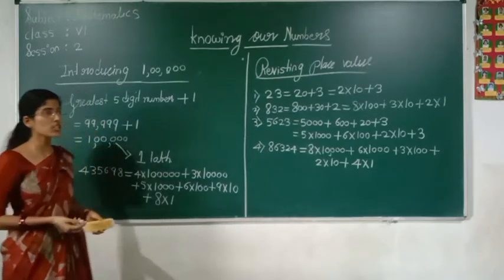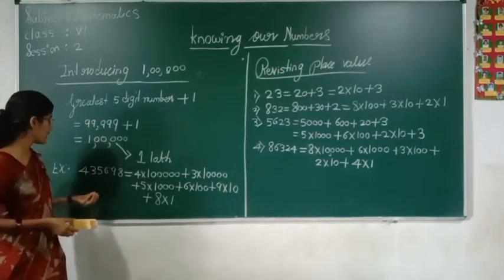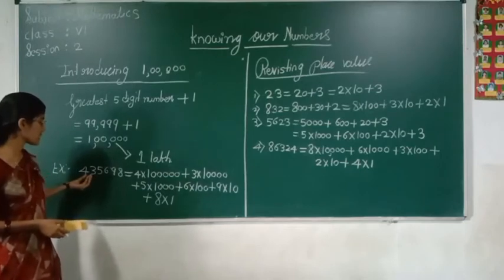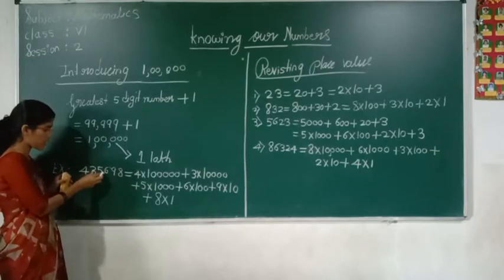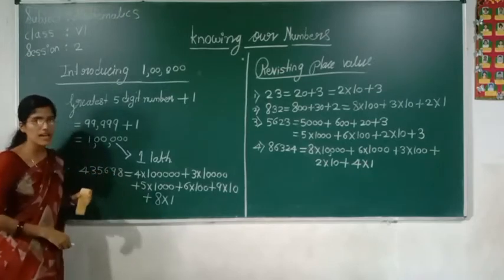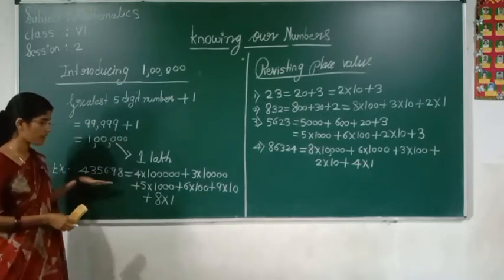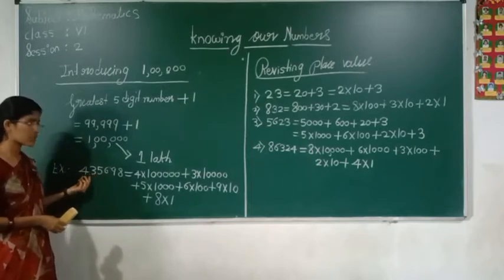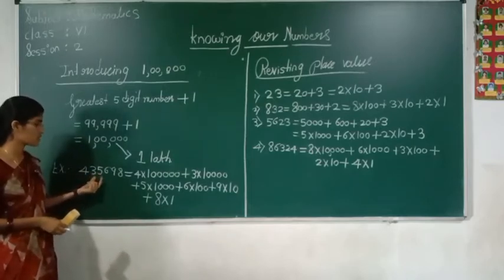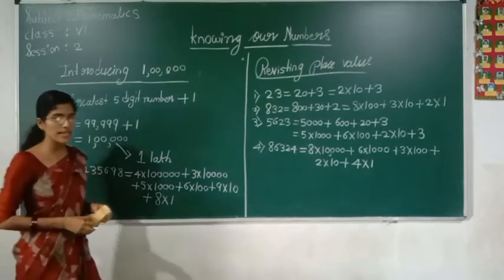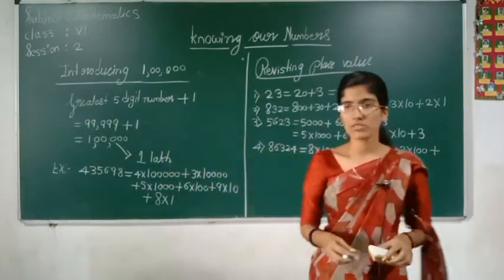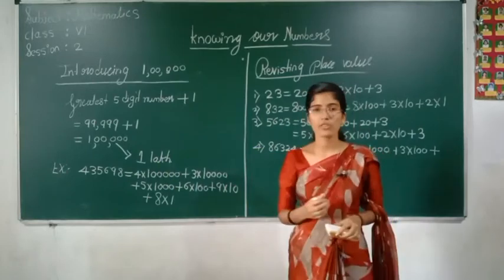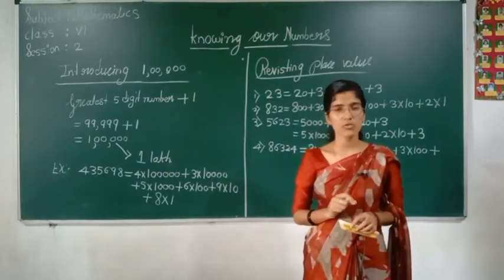Now the question arises, how to read this number, 4,35,698? In your textbook, again they have given the try this, you have to solve that in the textbook with a pencil.